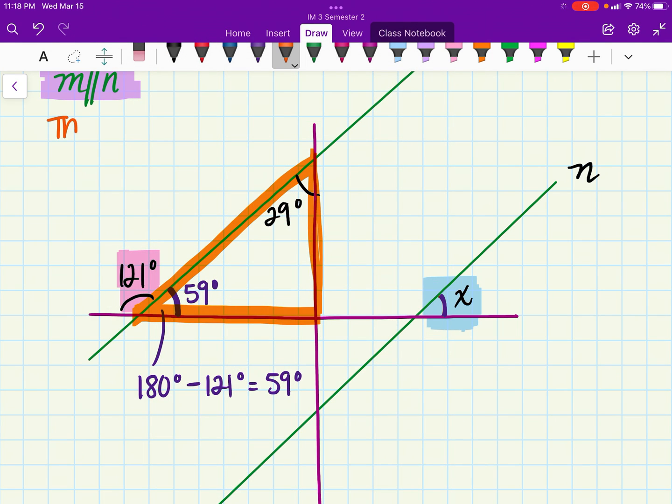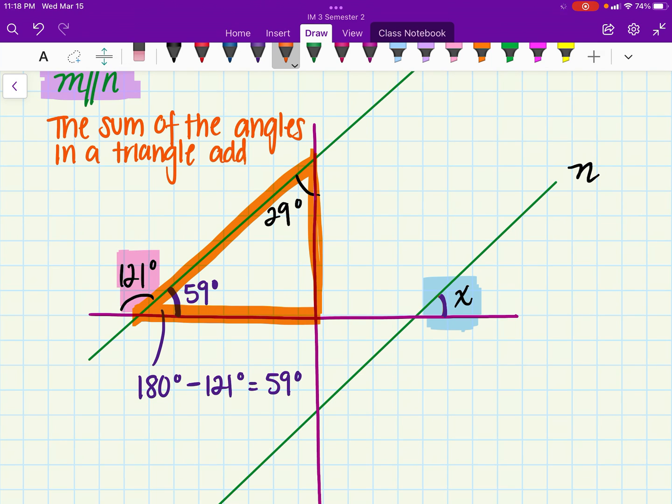The sum of the angles in a triangle add up to 180 degrees. So if I want to find this side here that I just went over in orange, I have to add these two and then subtract from 180.